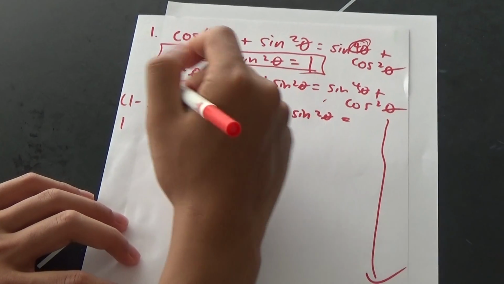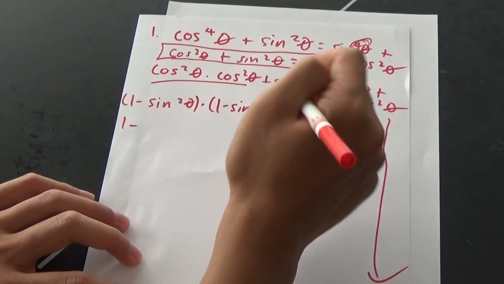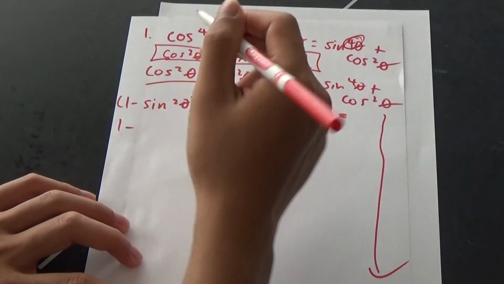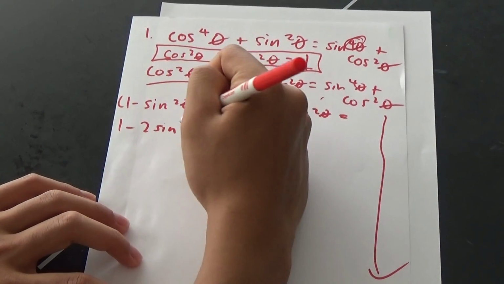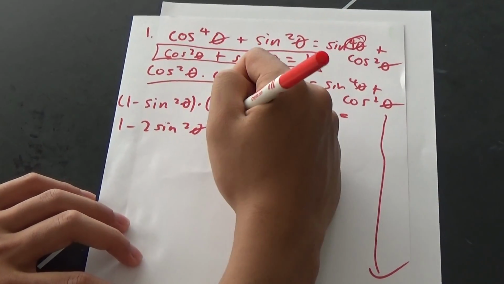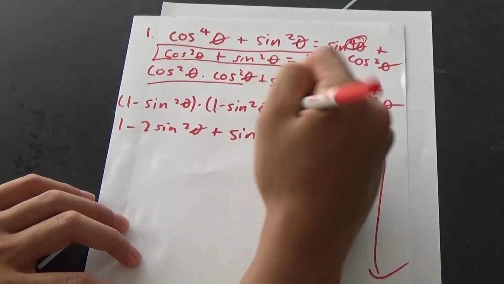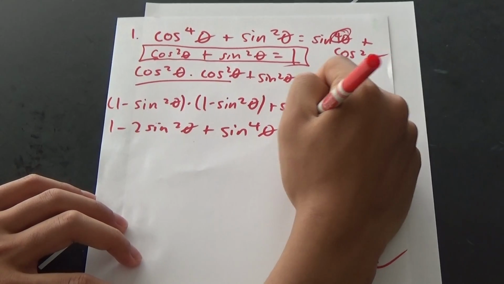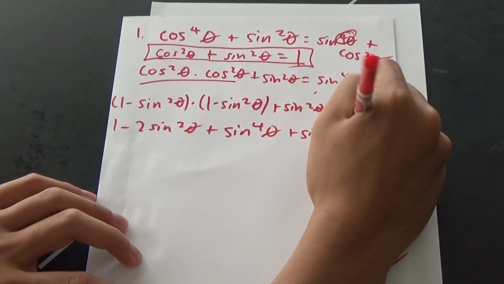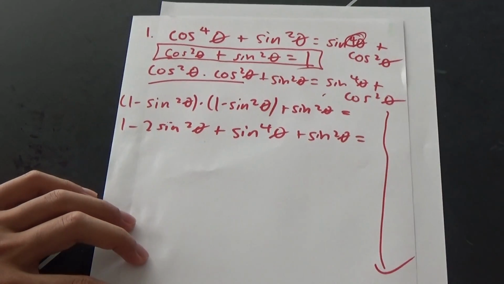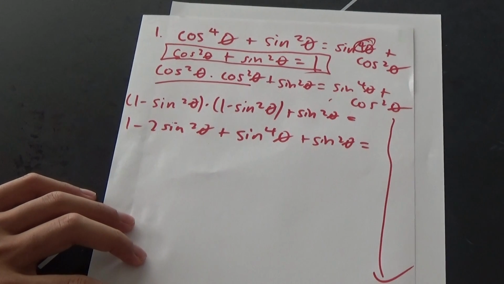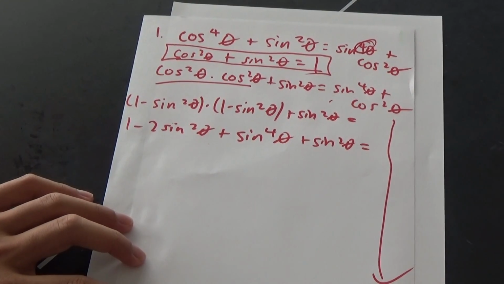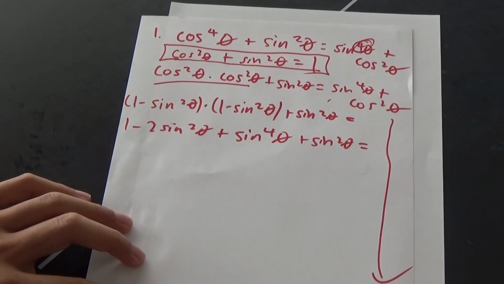So 1 minus... I'll just make this quick. I know you guys know how to FOIL. So 1 minus 2 sine squared theta plus sine to the 4th theta, plus another sine squared theta equals all that jazz. So now it actually becomes pretty simple.